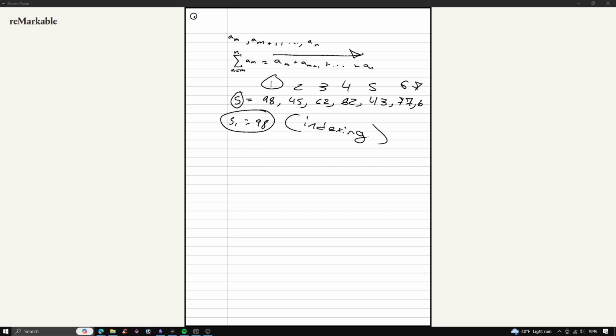Let's take this summation. What's the max value? It's going to be 7. What's the min value? It's going to be I equals 1, S of I, right? So we're adding all the test scores together.